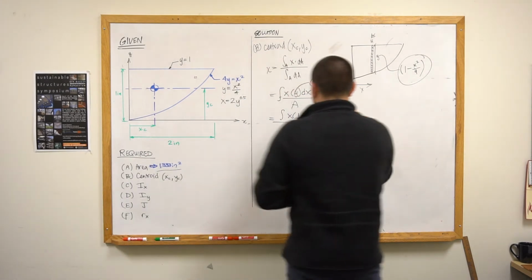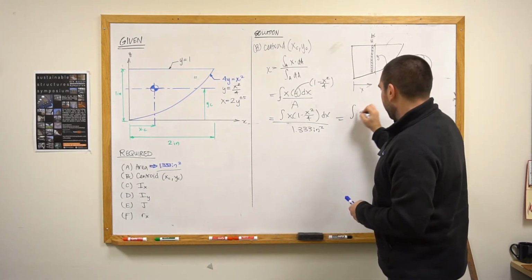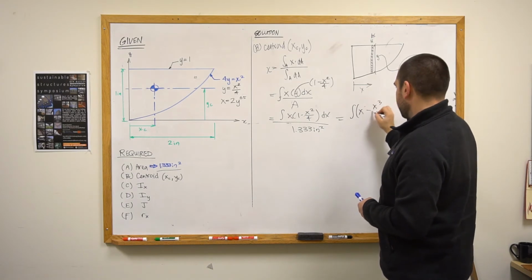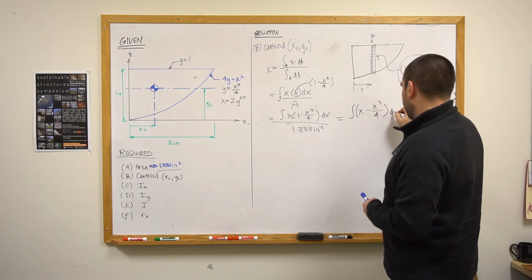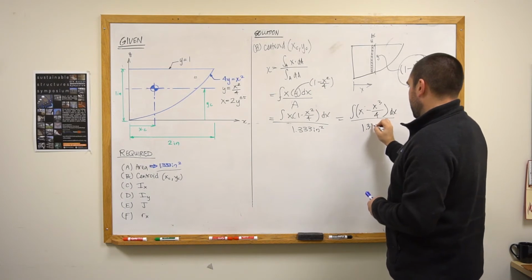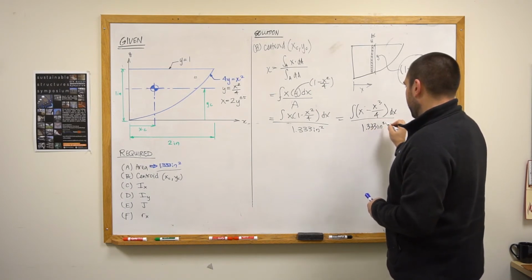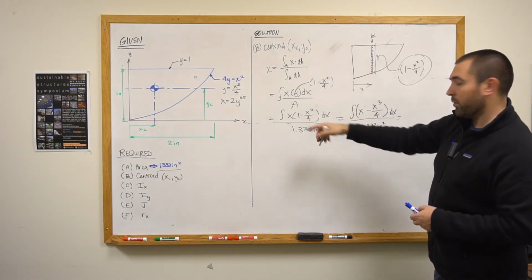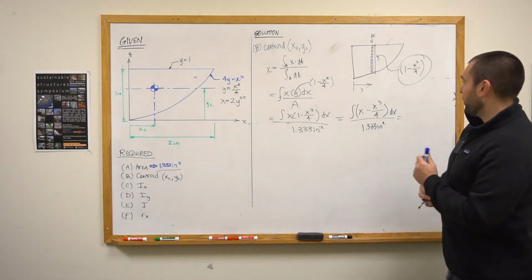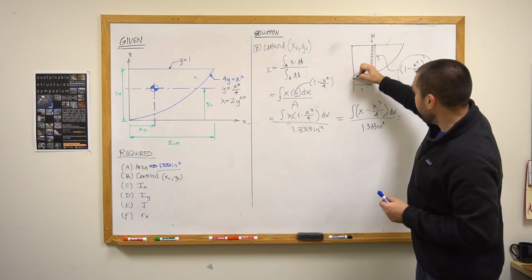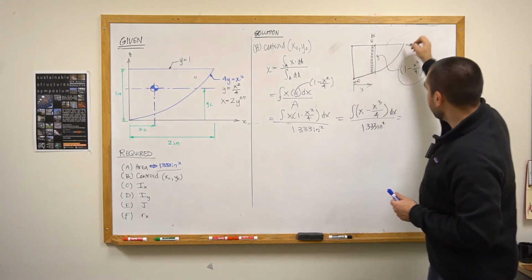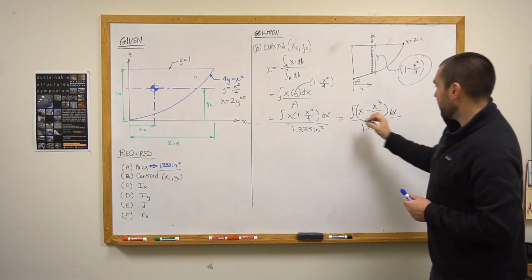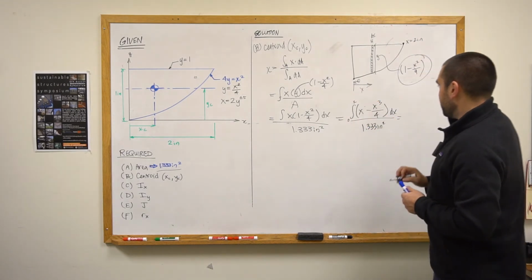I do a little bit of calculus here, and I get the integral of x minus x cubed divided by 4, dx, over 1.333 square inches. Then there are the limits of this integration we haven't talked about yet. We need to put those in as well. I start on the left side where x equals 0, and I end on the right side where x is equal to 2 inches. So this is really from 0 to 2.